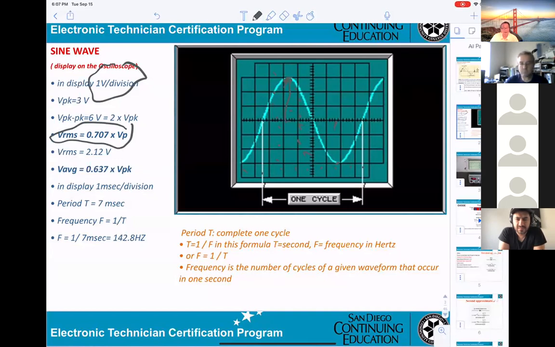They get what they call a VRMS. That means the root mean square voltage, or they can say effective voltage. You get a big sine wave, 6 volt peak to peak. However, using it for your circuitry, it's not 6 volt. In this case, they calculate only 2.12 volt. That's what they call an effective voltage.